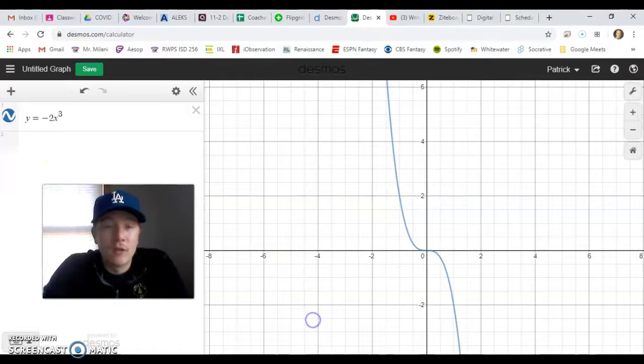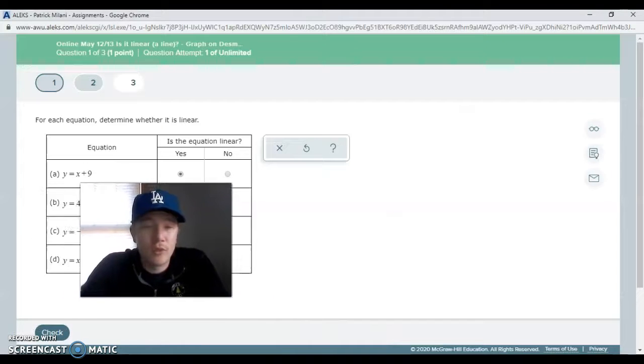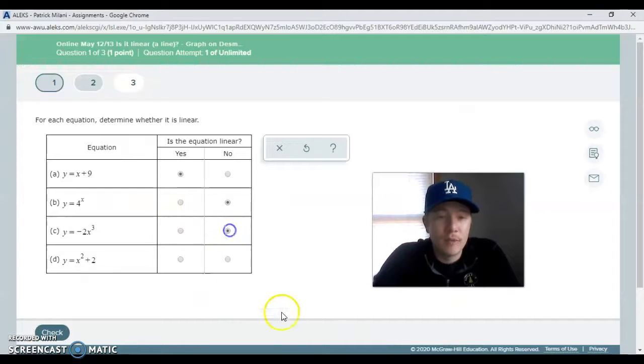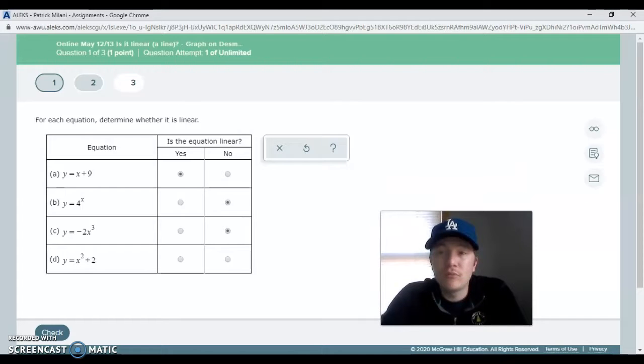So you're going to hop over to your Alex assignment. Boom, not a line. And then part D, what we can also look at is a little trick here, a little cheat code for you. If there is any exponent involved at all, it is going to be nonlinear.